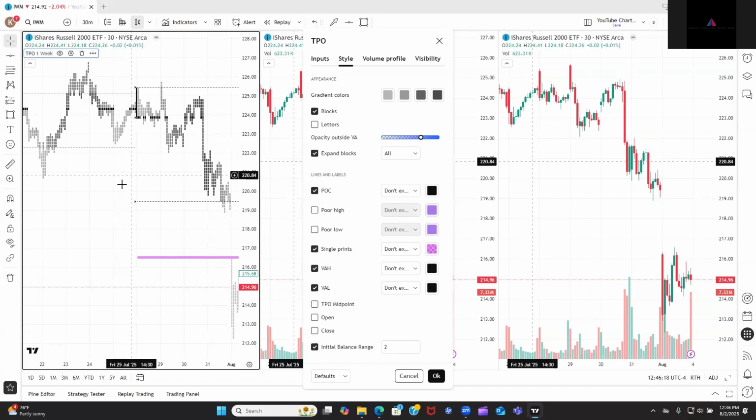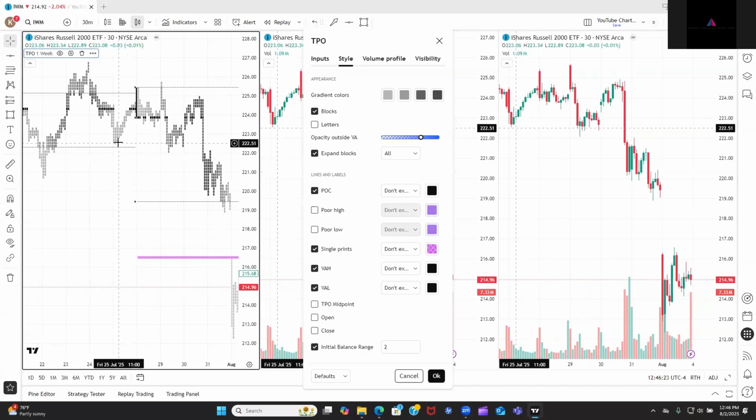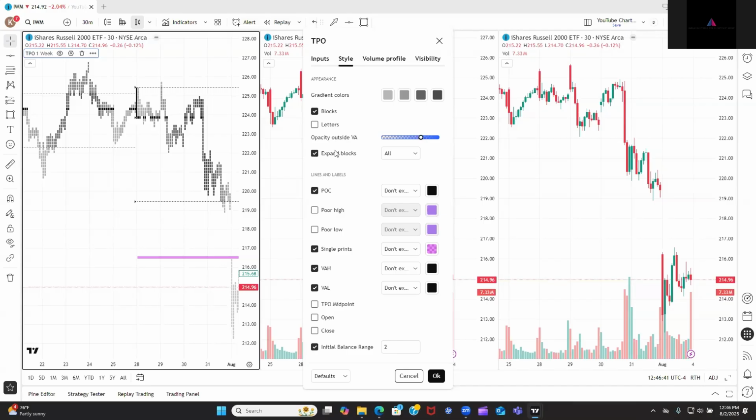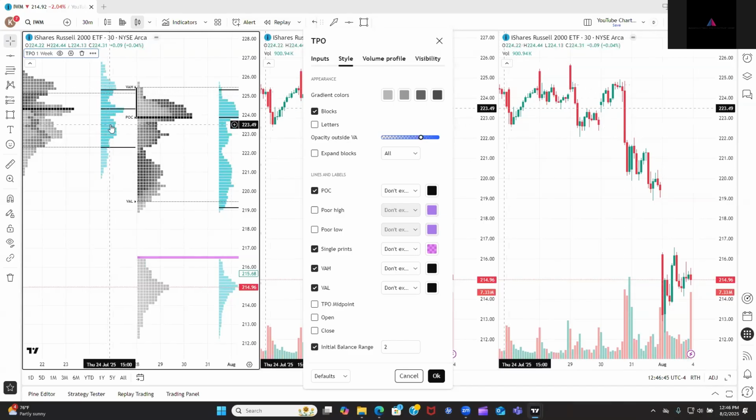All right. So that is the left profile or the left chart, which would be the weekly TPO and how I have my settings. You can also put volume profile on there if you want to show it. It won't show unless you have it on the standard view. If you have it extended, volume profile will not show. So for example, I have show volume profile. If I change it to standard, now you get to see the volume profile with all the settings, value high, POC, value low of the volume profile.